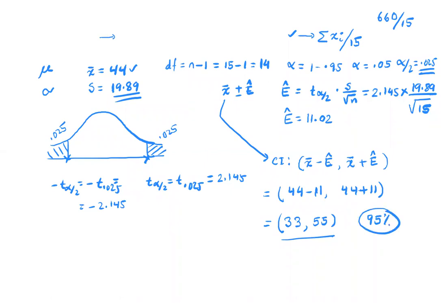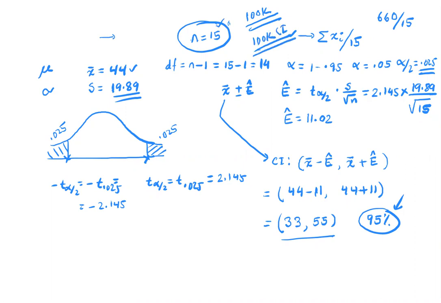It means that if you were to take many samples of size 15 from the population, about 95% of those intervals that you create would include the population mean. Let's say you take 100,000 samples of size 15 each, and from each of these, you create 100,000 confidence intervals, right?